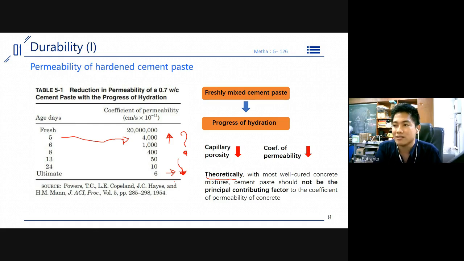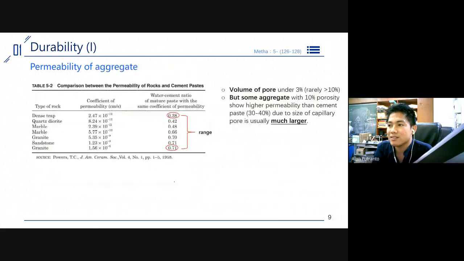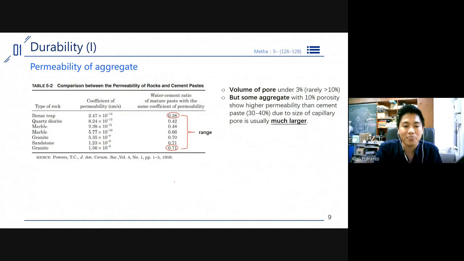Okay, next. Let's see the permeability of aggregate. Before, we talked about cement paste, and now we're talking about aggregate. Let's see this table, table 5.2. In Metha, different types of rocks have different permeability coefficients.